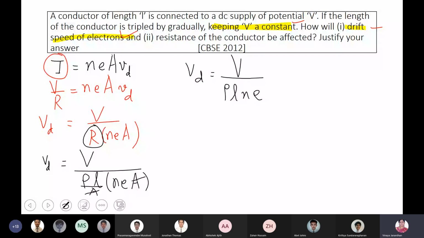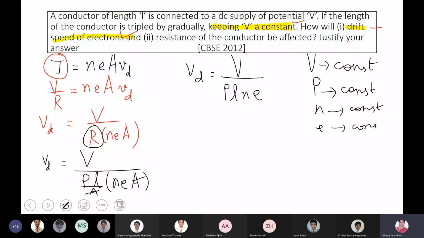Okay. Now what is given? The length of the conductor is changing. The material is the same. V is a constant. The rho is also a constant, same material. N is a constant. The charge of an electron is a constant. Then VD is inversely proportional to L. Now look, what is changing, boys?